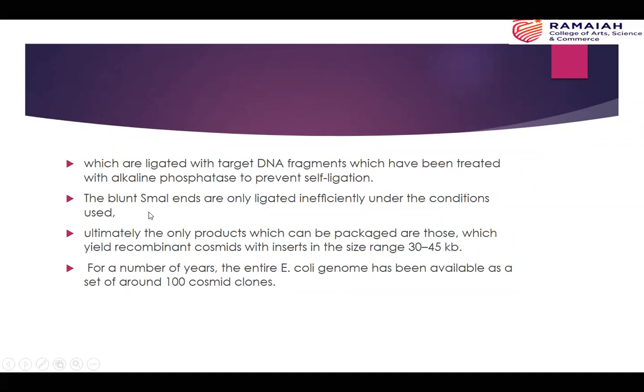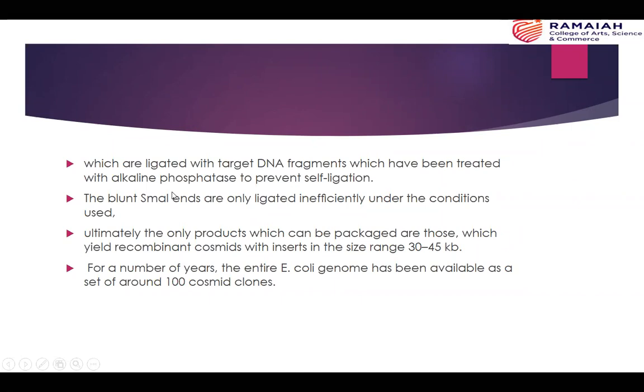The blunt ends are only capable of ligating inefficiently. We have been discussing from the beginning that blunt end ligation is a very, very inefficient process under the conditions used. So since the vector ends are blunt ended fragments, the possibility of ligation of these blunt ended vectors without the incorporation of the target DNA is very, very less, because the ligation of blunt-ended fragments is an inefficient process.